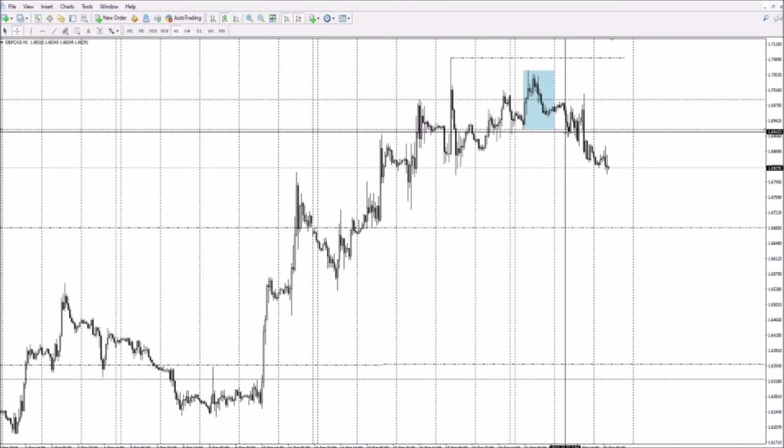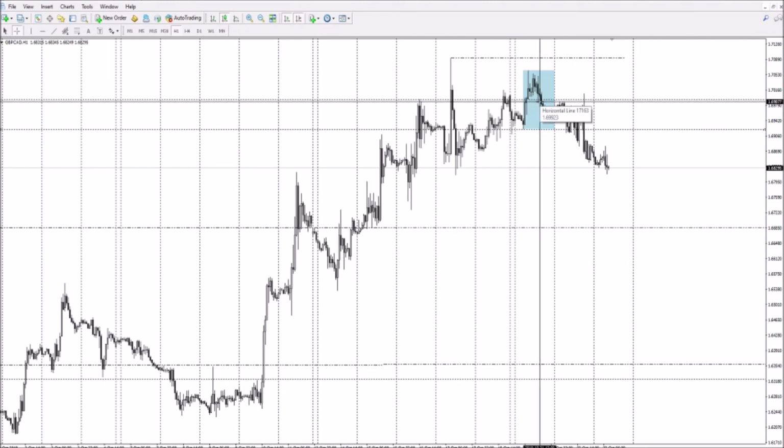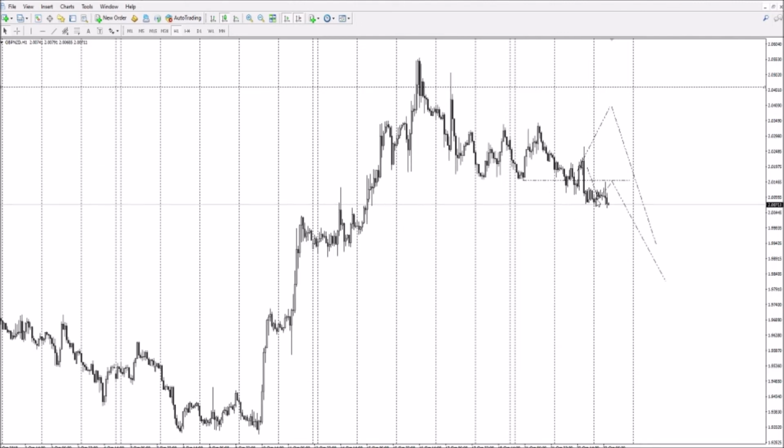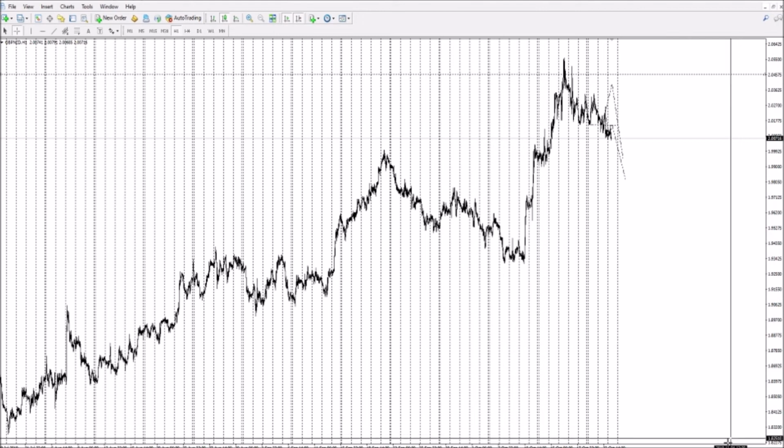We had a break below, we had a retest of the midpoint of Monday, and we fell. So that wasn't too bad. Pound New Zealand, same as Pound Aussie, we've just been sort of grinding lower and lower and lower. So we'll see how they play out.